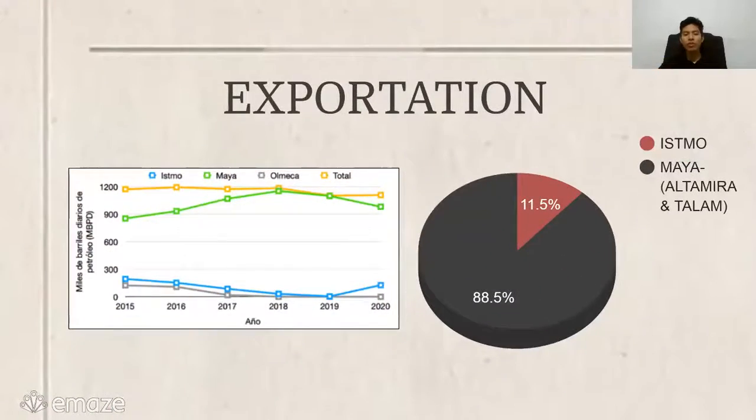Okay, about exportation, in 2020, 1,109,000 barrels were exported every day, where 11.5% was Istmo, and the 88.5% was a mix of Maya with Altamira and Talam.